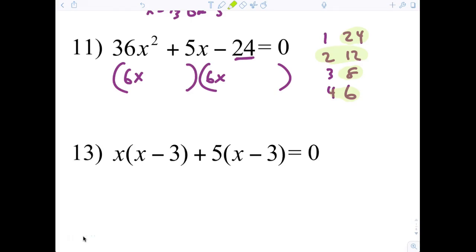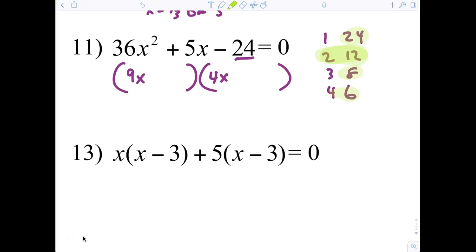So instead of 6 and 6, we're going to try 9 and 4. I don't know if that's right, but we're going to try 9 and 4. So I put 9x and 4x. Now, is it possible that it's 2 and 12? No, because there's nowhere to put the 2 or the 12.